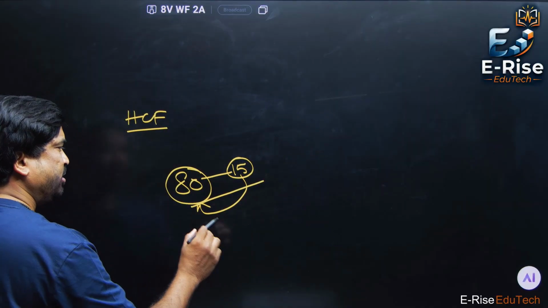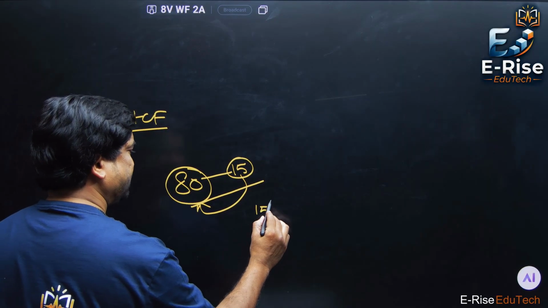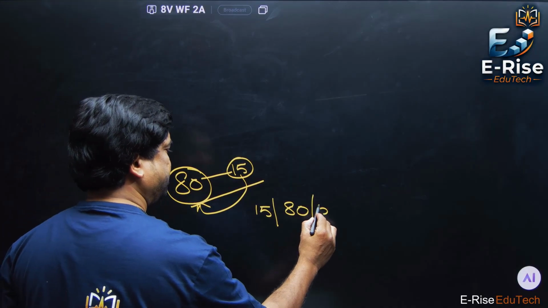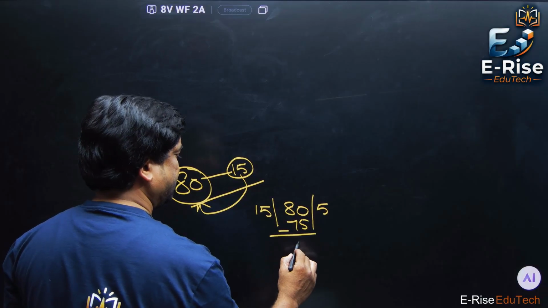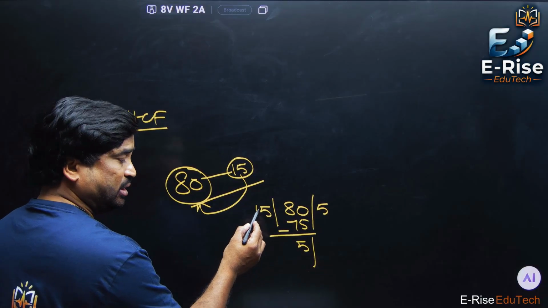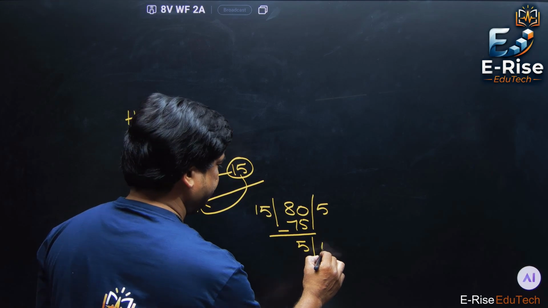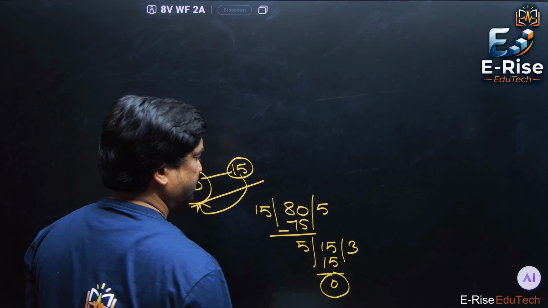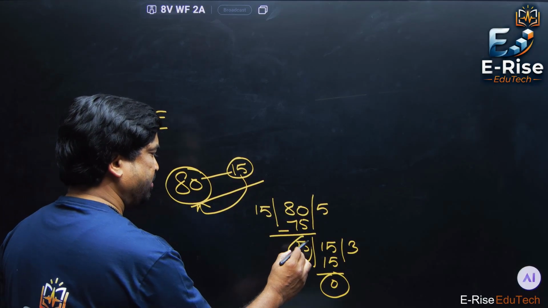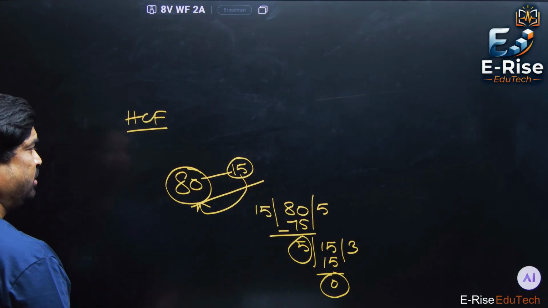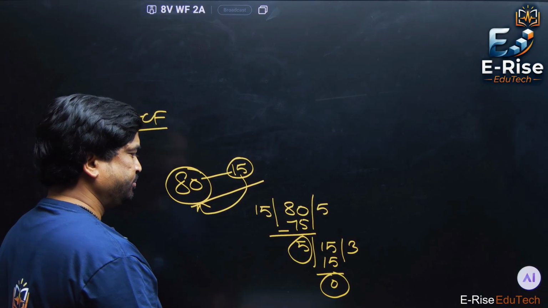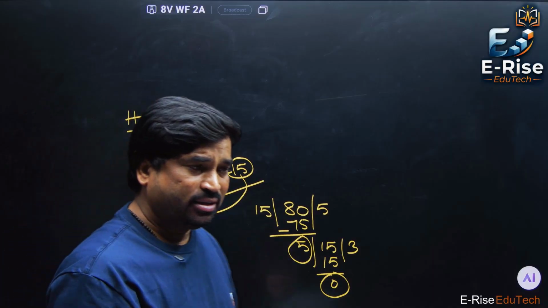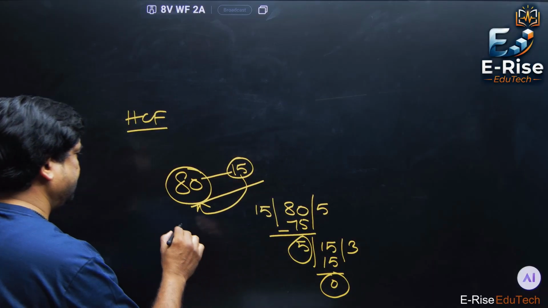In between, you can find the highest common factor of 15 and 80. 5 times 15 is 75, subtracted, remainder 5. So the divisor becomes the dividend, 3 times 5 is 15. Simple. So how many people are handled in common? 5 people.